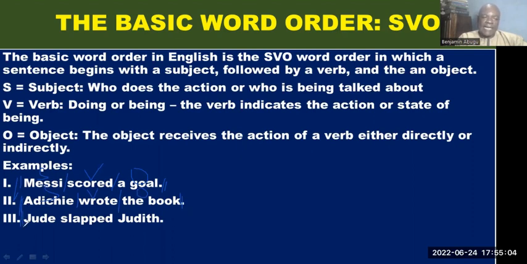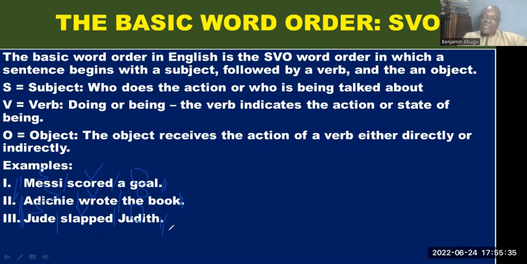Sentence III, Jude slapped Judith. Okay, again, you see that Jude is the subject, slapped is the verb, and Judith is the object. So that is exactly it, every sentence has a definite structure, and the structure is determined by the word order. The word order is the way in which words are arranged in a sentence.